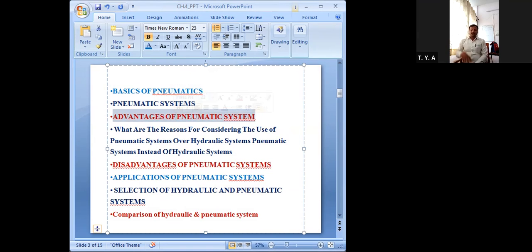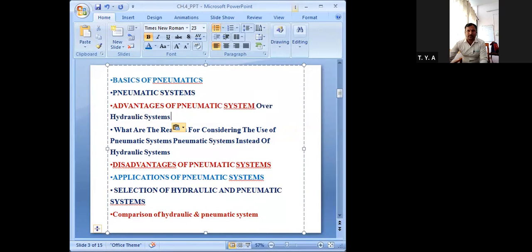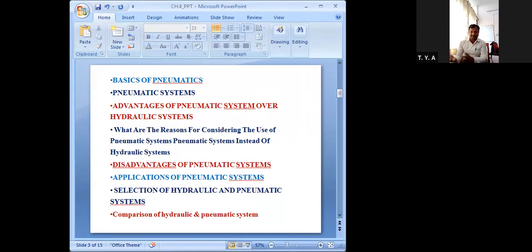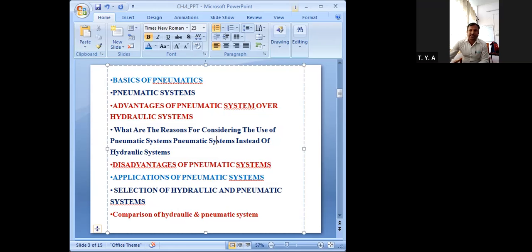Or you can take it in another way, that is, what are the reasons for considering the use of the pneumatic system over the hydraulic system?